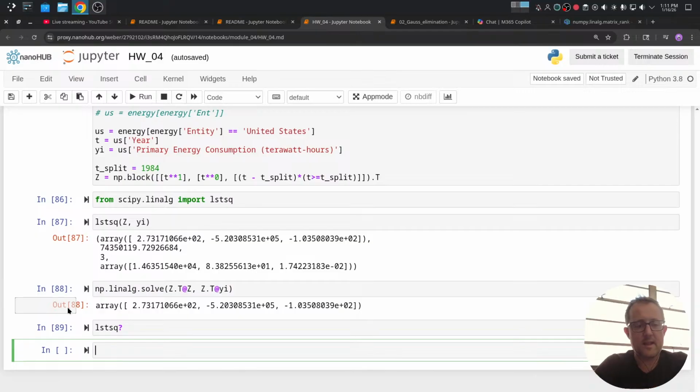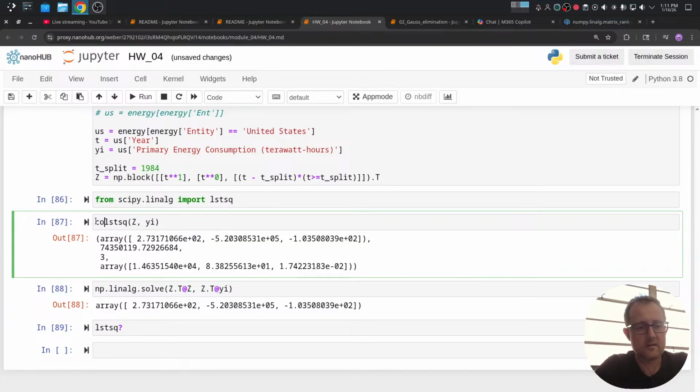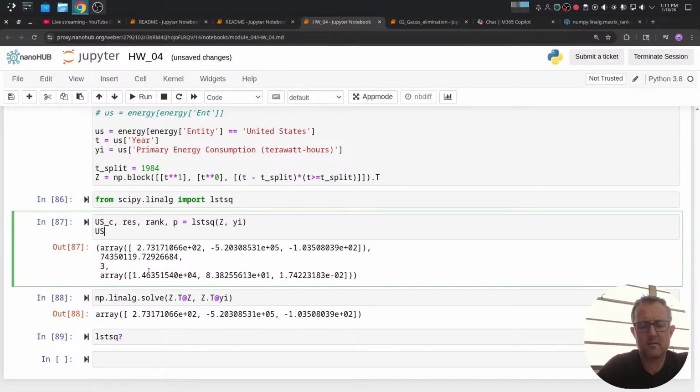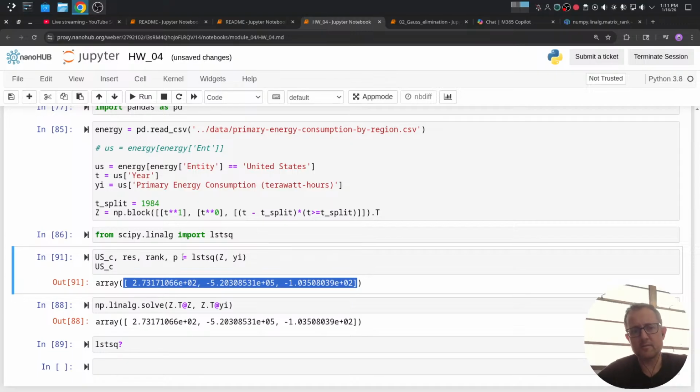And so now again, anytime I can display these and say like, hey, what are these, like USC, residual, rank, P, like that. 1, 2, 3, 4. All right, so there's my constants, just kind of separating out. So it's helpful. It does give us more information, but it also means we have to deal with that information.